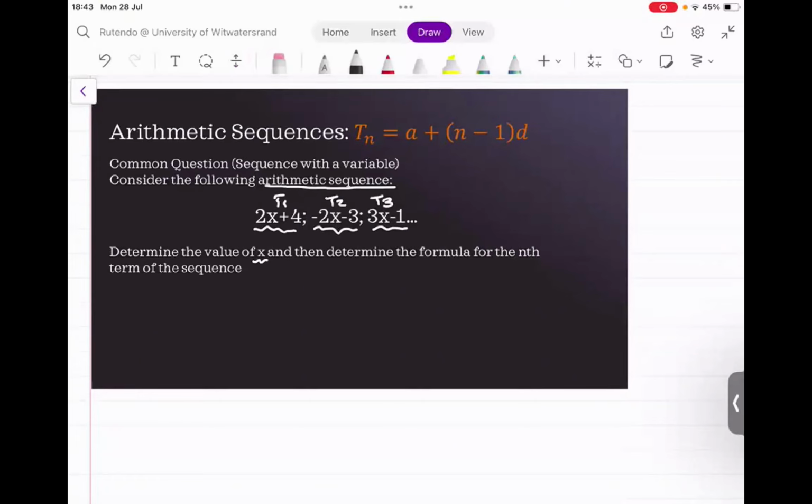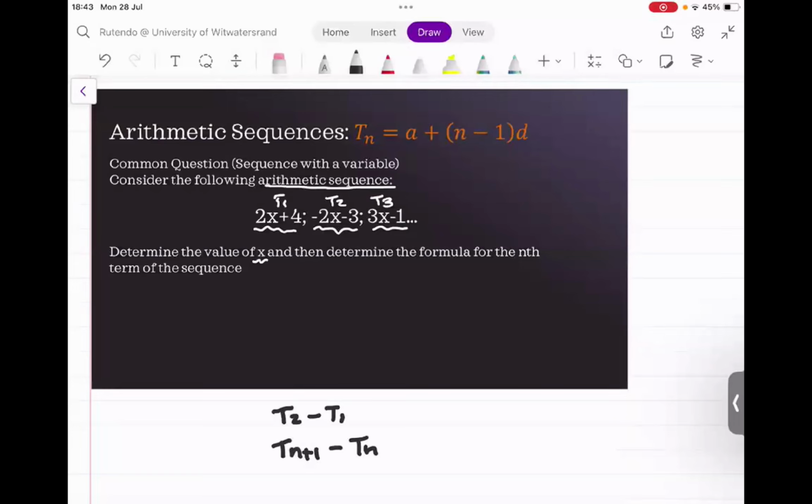Perfect. Well done. So we know that this is an arithmetic sequence. We can generalize this to say Tn plus 1 minus Tn will always be the same number if you're dealing with an arithmetic sequence.